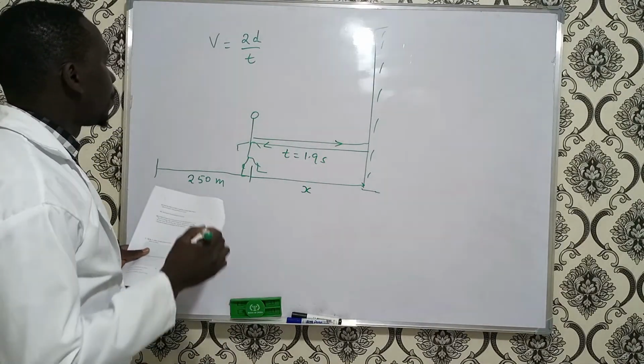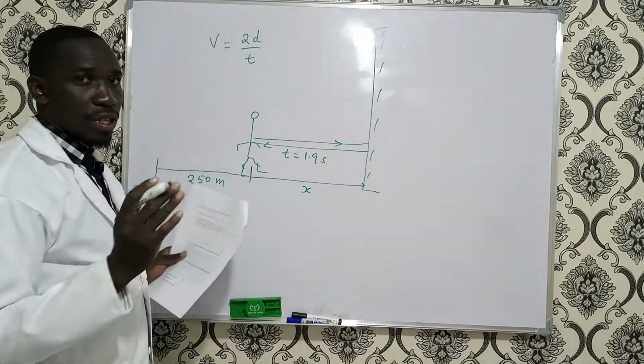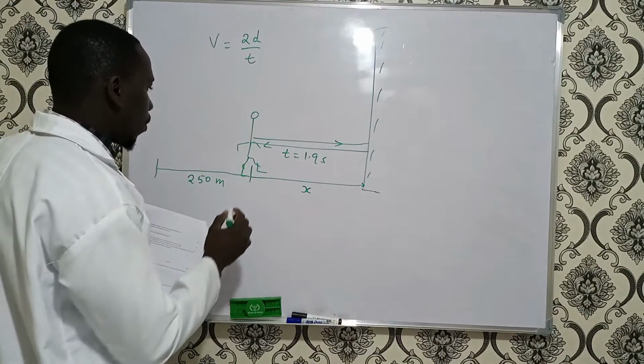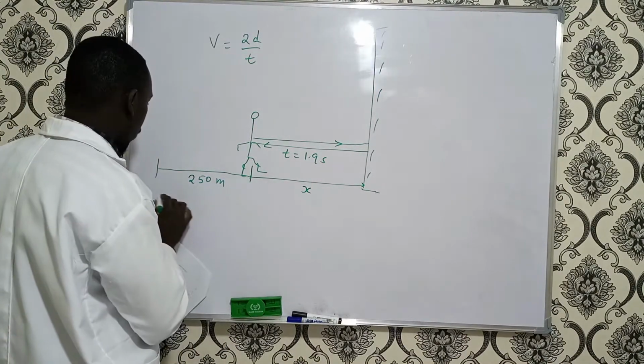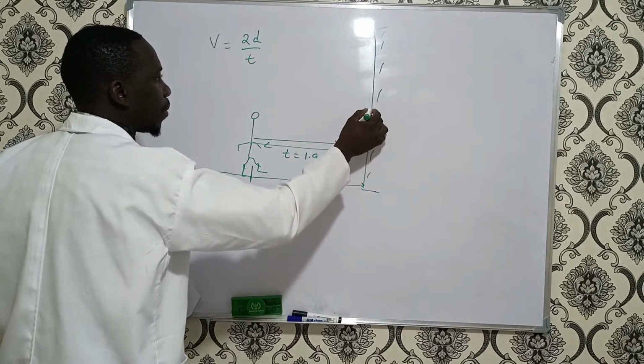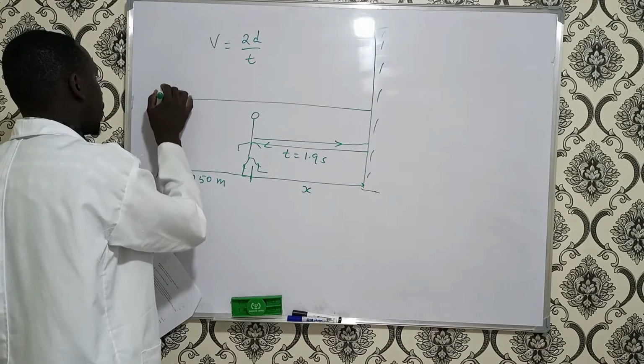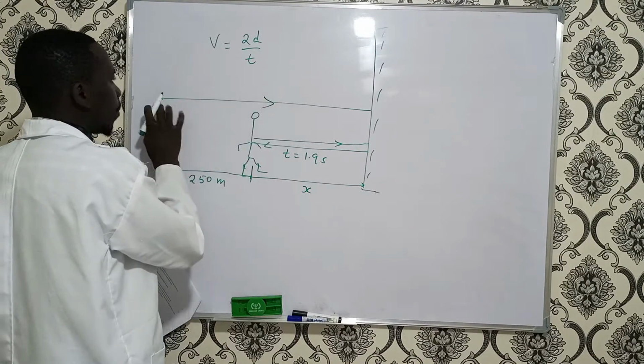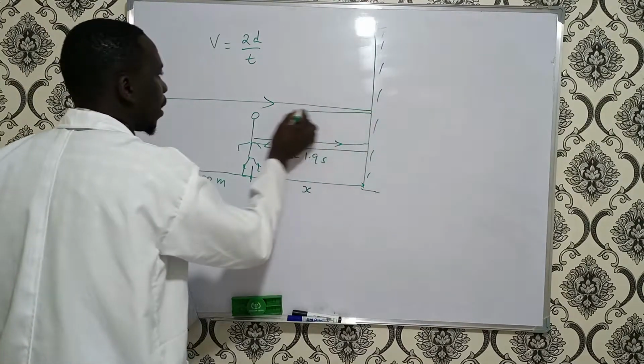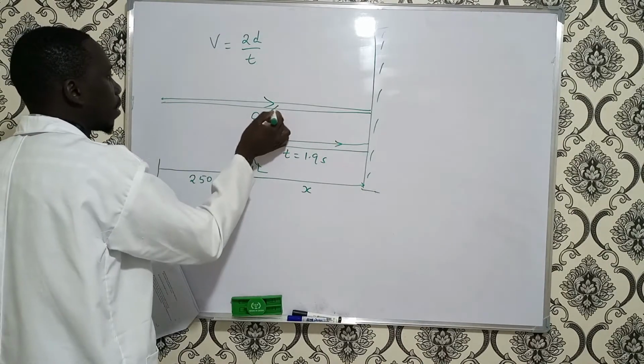So for now, we can consider two distances. We can consider the first one because when the sound traveled from here, so when this guy is clapping at this particular point, sound traveled from here to the cliff and then gets reflected back at this particular point.